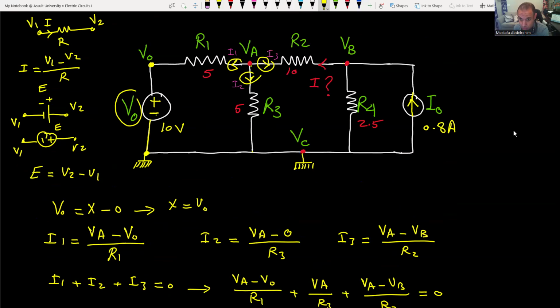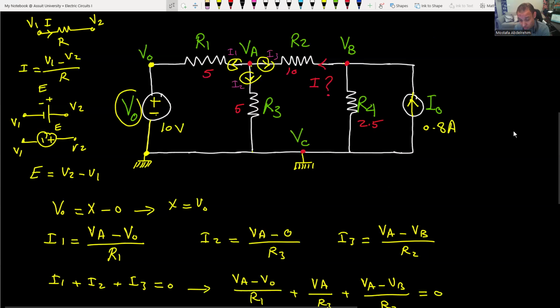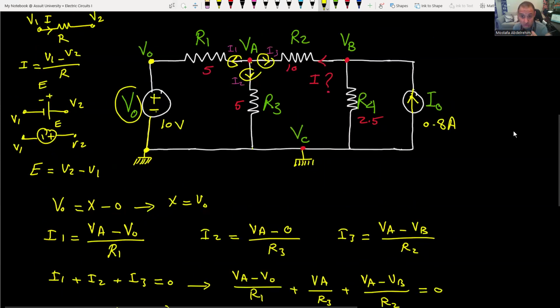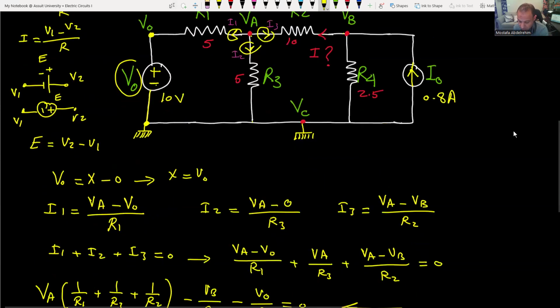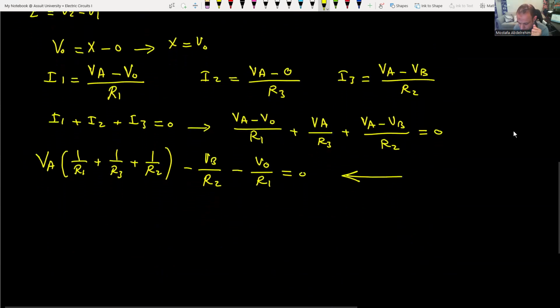Usually we assume the current going out. Then minus the connected node, which is VB in this case, divided by the resistance between the two nodes. Then the current sources or the voltage sources. We have the voltage source here, V naught, so V naught divided by R1. The only term that is positive is VA.